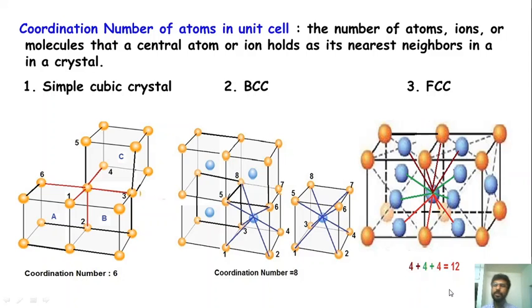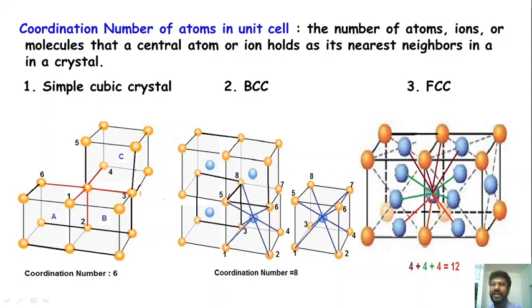In the case of the face-centered cubic structure, suppose we consider 2 unit cells. In these 2 unit cells, if we consider one of the atoms from any one face, then we can consider this atom as the central atom of this face.